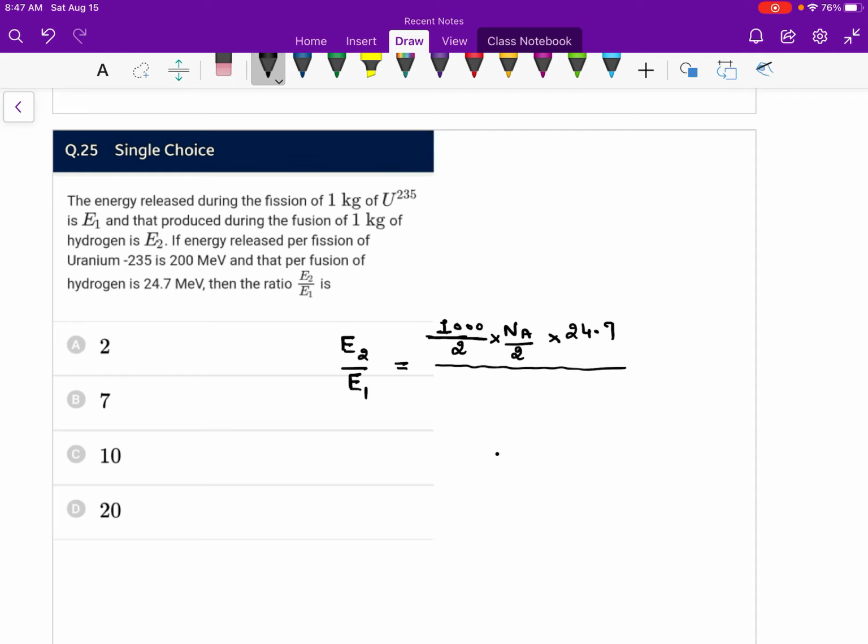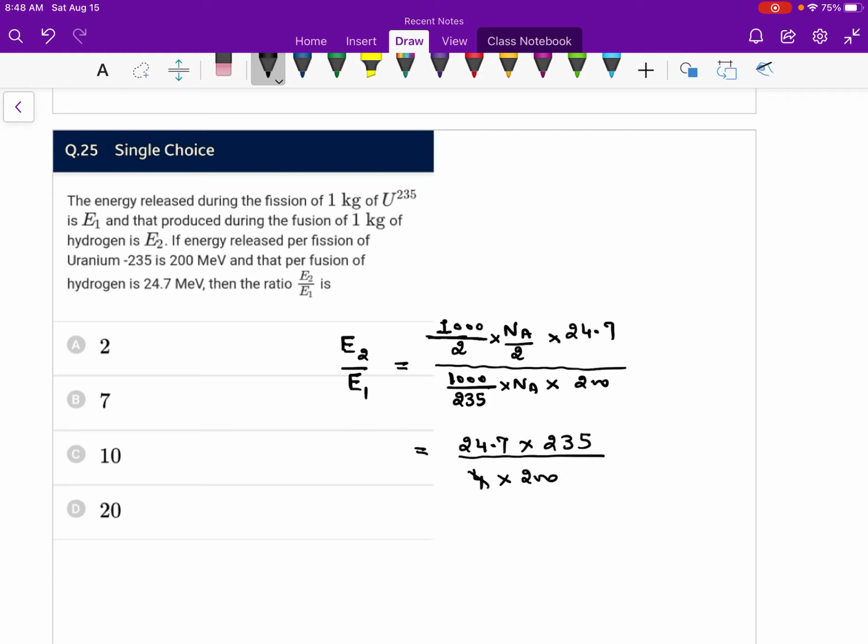Now the energy released in uranium fission. We have 1 kg, so 1000 gram upon 235 is the number of moles, into Na is the number of uranium atoms, and for each fission the energy released is 200 MeV. So we get 24.7 into 235 upon 4 into 200.